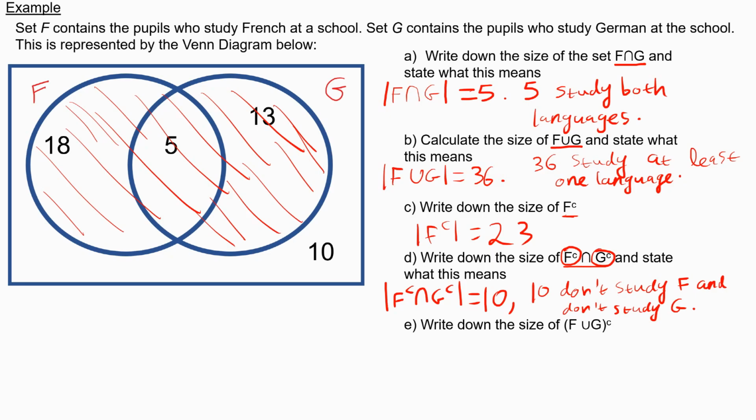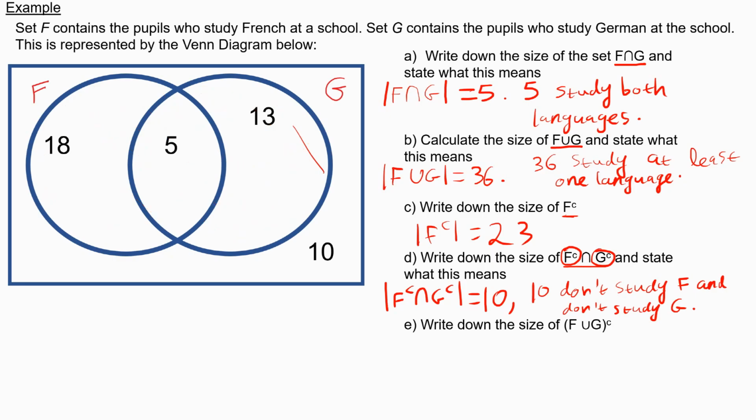So that means all of the people who are not in F union G, which is going to be everything outside of the two circles, which again is these 10 people here. So I can say the size of F union G, and again it's all complement, is also equal to 10.